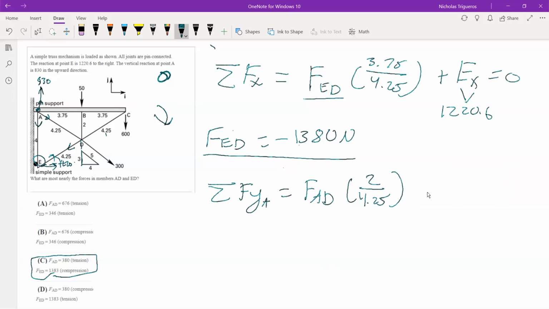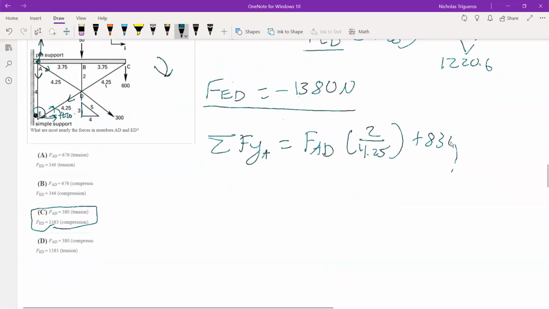This is one of them. It's going to be plus 830. And then what's AE? Do we know AE? We don't, do we? Well, actually we do know, I think. We can get it because if that's zero and we can find the y component of F_ED, right? Oh, right. Okay.